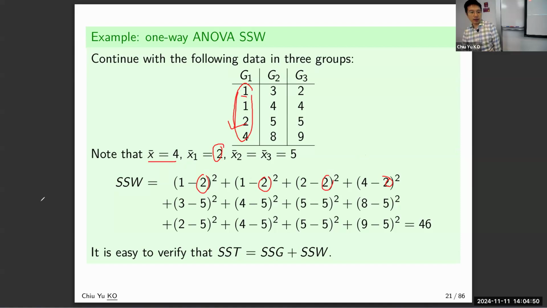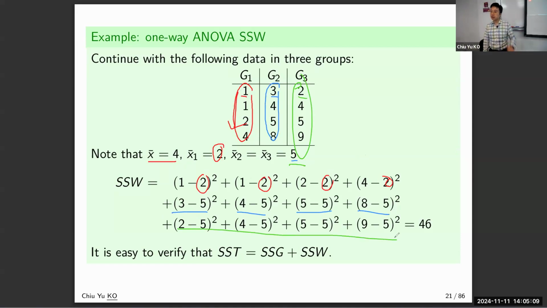And I do the same for the blue. I go 3 minus 5, 4 minus 5, 5 minus 5, 8 minus 5. And do the same for the green one, and 2 minus 5. So once we have this, then we're ready to do the thing that we want to do.